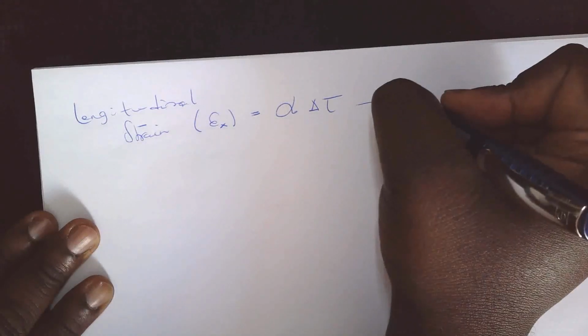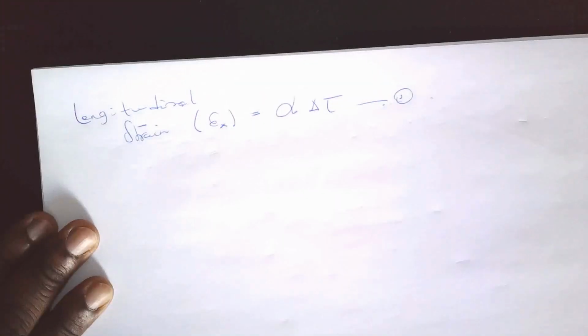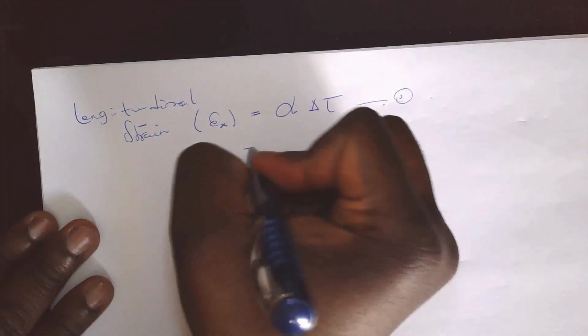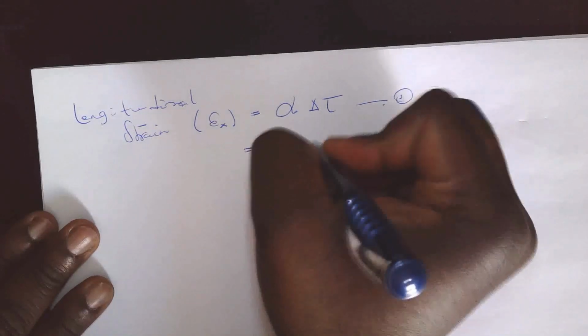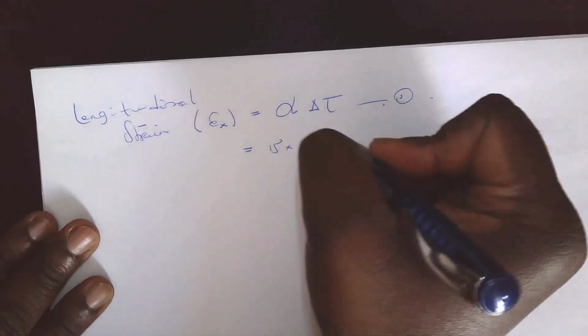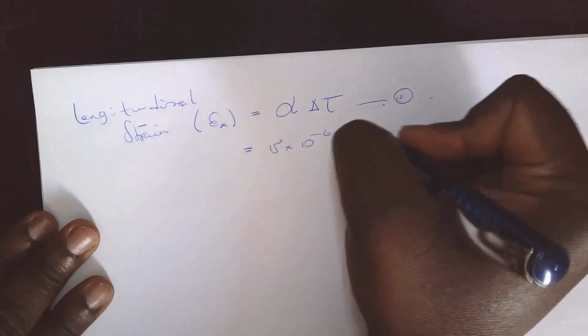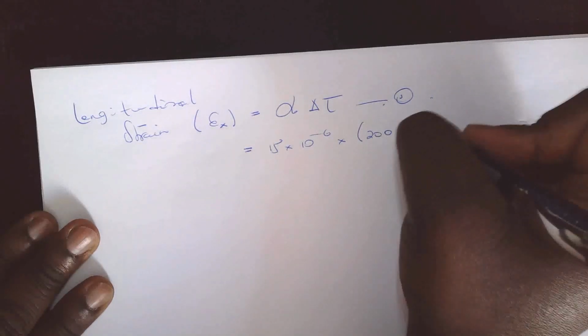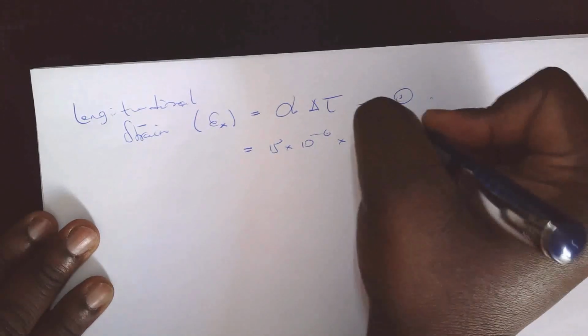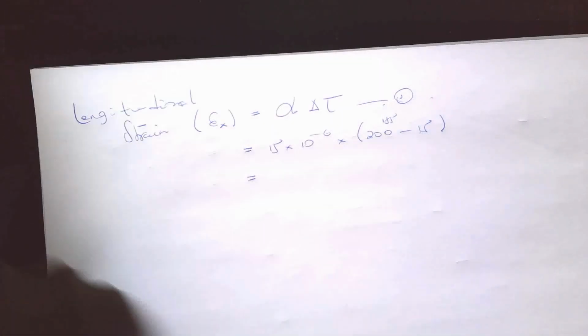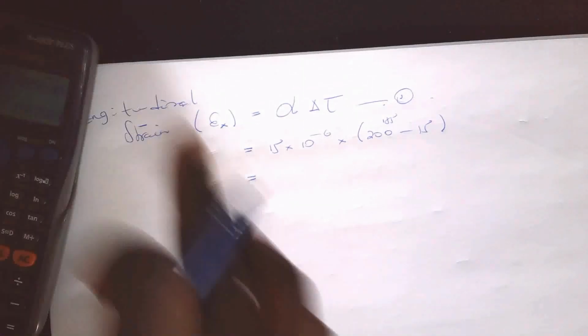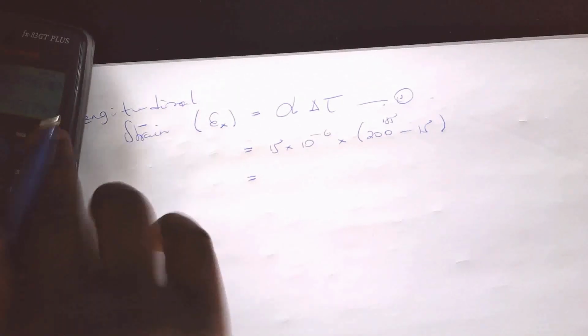Let's call that equation 2. So this will be equal to 15 times 10 to the power minus 6 times the temperature differential. That will be 200 minus 15, that is 185. Now let's not forget that the units will cancel out, leaving strain dimensionless.